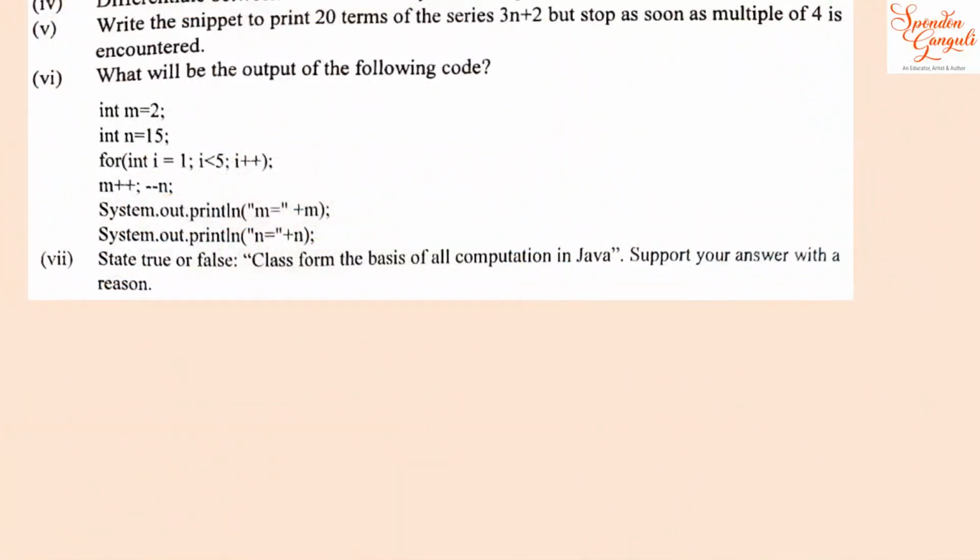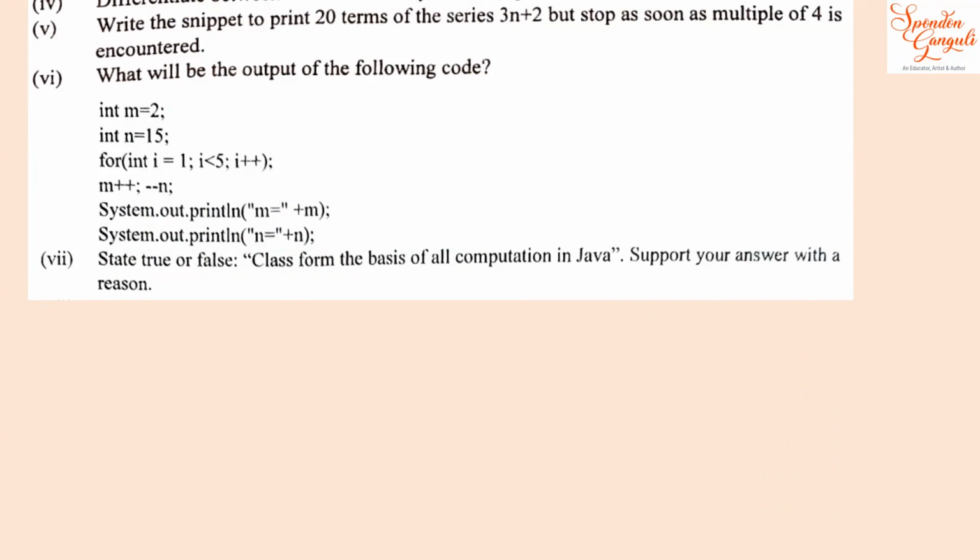write the code snippet to print 20 terms of the series 3n + 2, but stop as soon as a multiple of 4 is encountered. What will be the output of the following code? int m = 2, int n = 15, for loop for i = 1, i < 5, i++, semicolon.